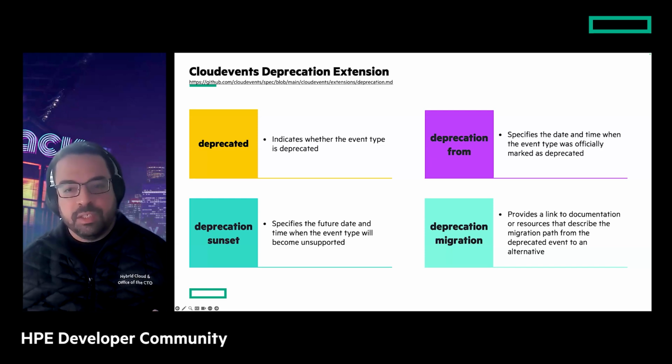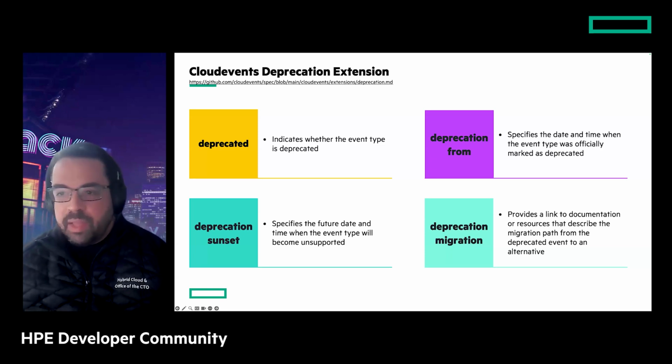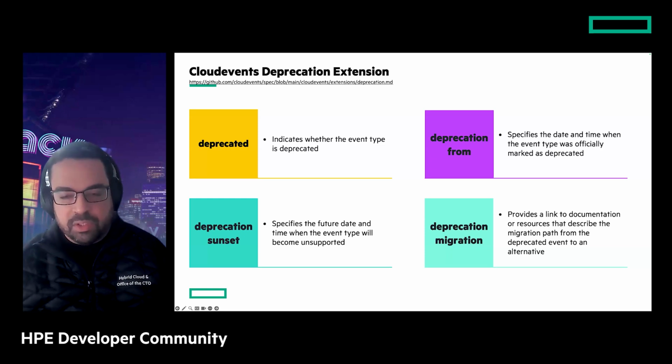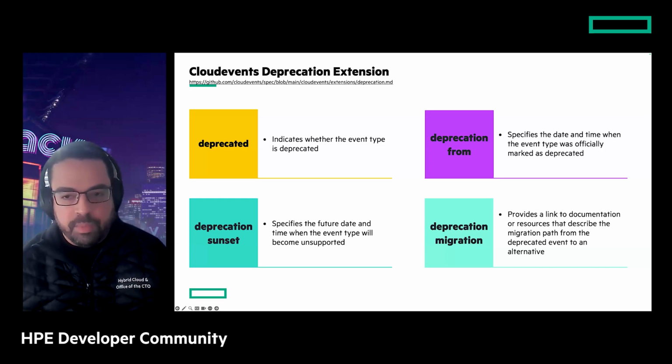But during our discussions around the event standard, we identified the need to inform consumers and customers when an event type is being deprecated, because typically in an API, you have that information through HTTP headers. There are RFCs for that, so you know exactly what the sunset is, and whether the API is deprecated or not.